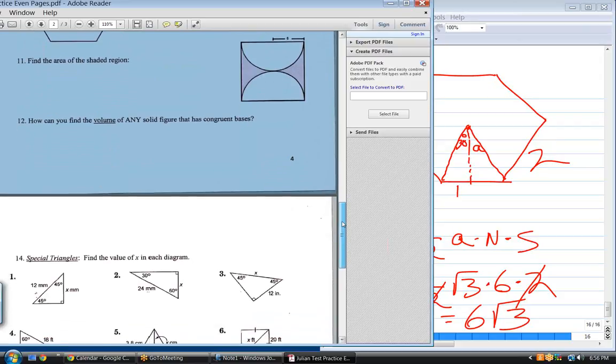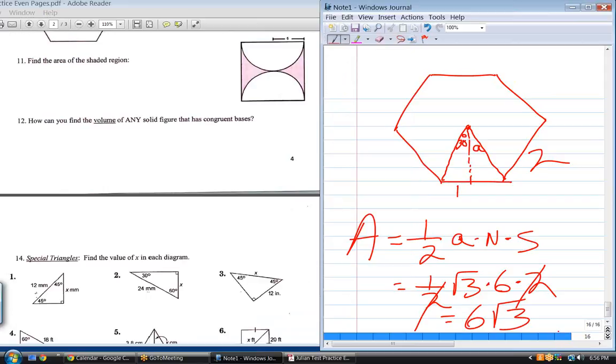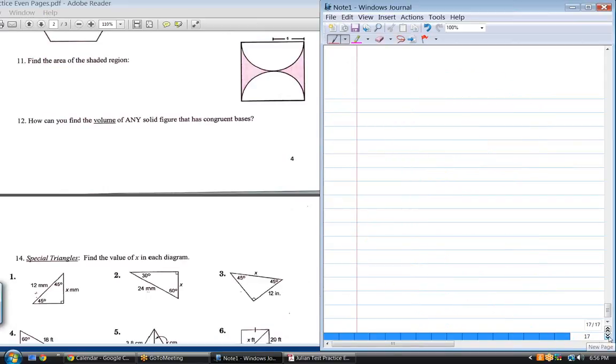Well, we're not going to quite get through it all, but we're going to come close. Shaded region problems are always what? Subtraction problem. Subtraction, yeah.